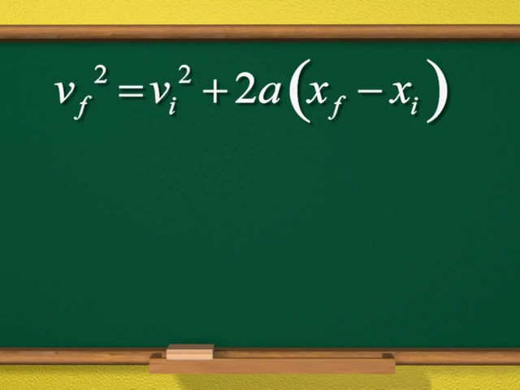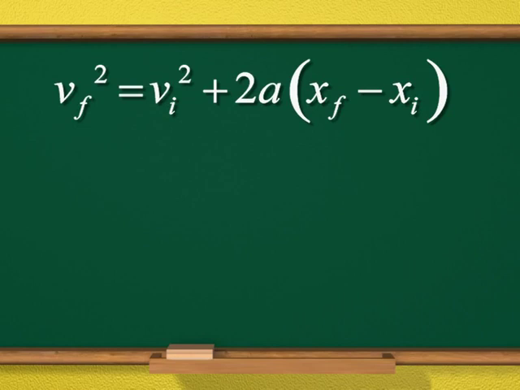This expression allows us to relate the velocity at one position to the velocity at another position without knowing how much time is involved. It is known as velocity position relation.